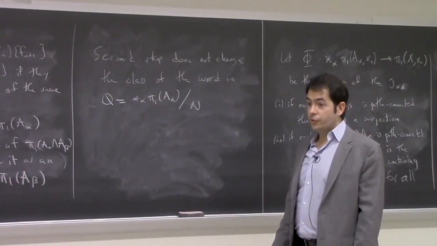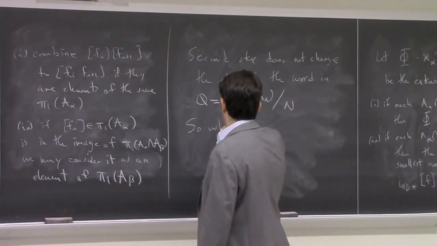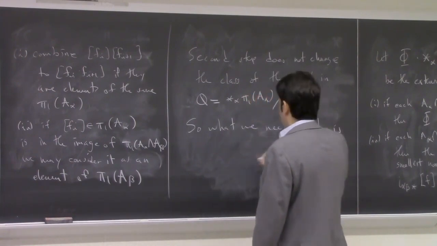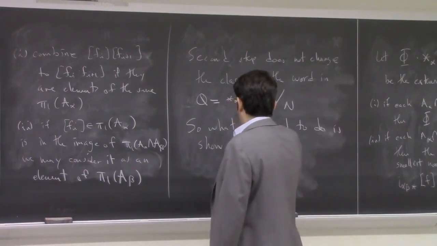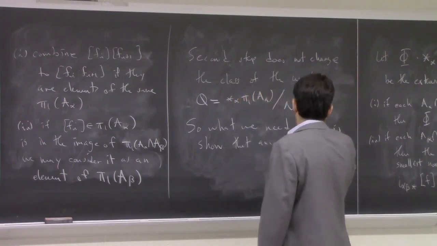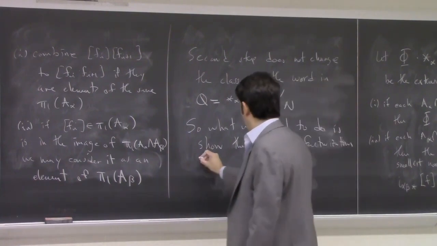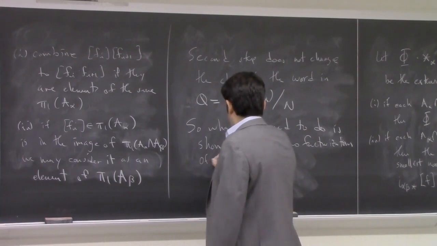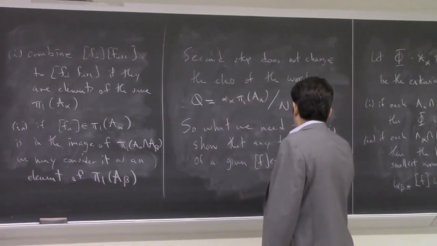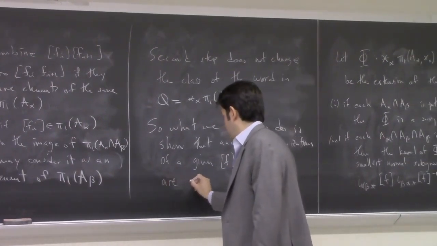OK? So now what we have to do is show that any two factorizations of a given loop in X are equivalent.